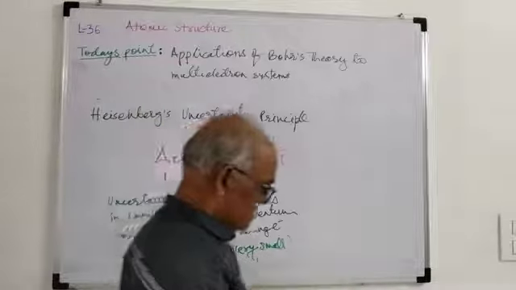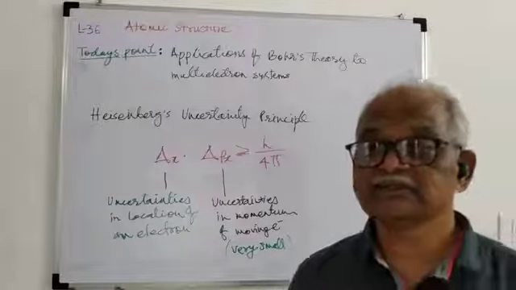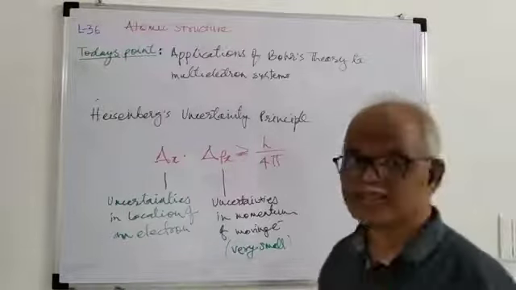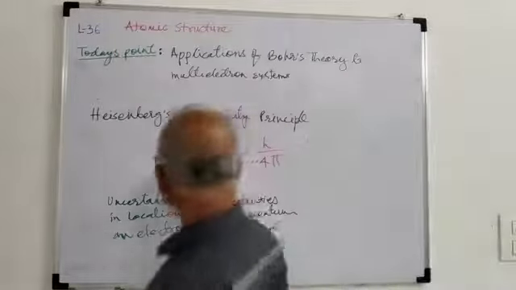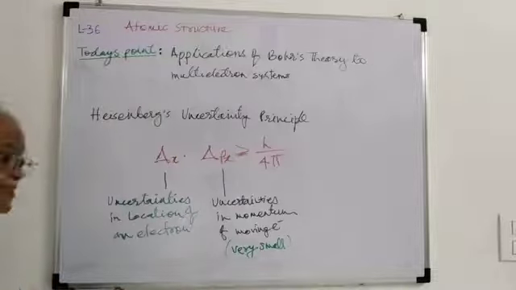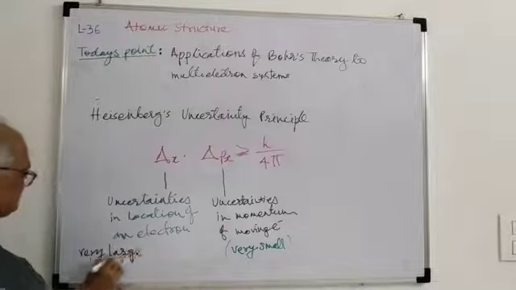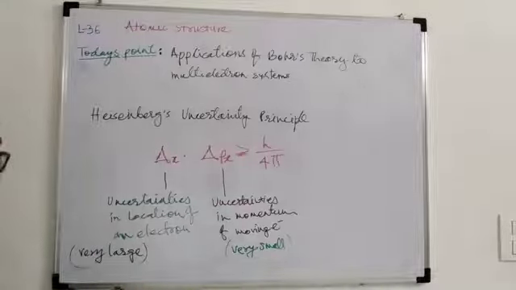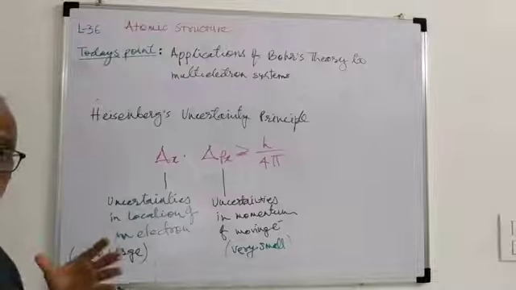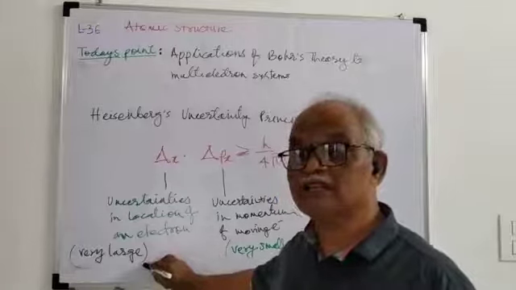It means the momentum of such an electron can be more precisely determined. But the uncertainty in location, delta x, is very large. It means it is difficult to determine the exact position of the electron around the nucleus.